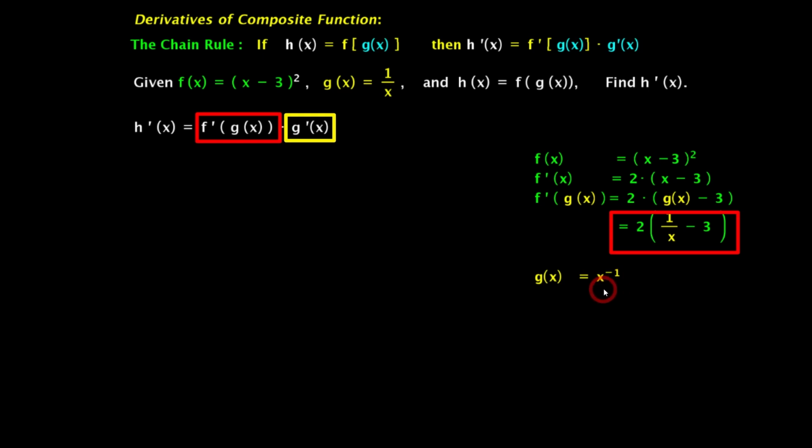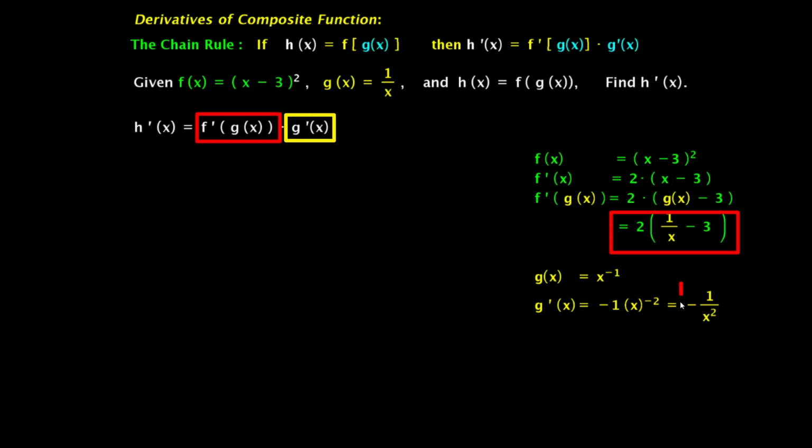So x to the negative 1 will help us to find the derivative. So what should be g prime? g prime of x should be negative 1 times x to the negative 1 minus 1, right? So it's negative x to the power of negative 2. We can't leave it like this. It's negative in front. It's going to be negative of 1 on the top, x to the negative 2 moves down. We are done.